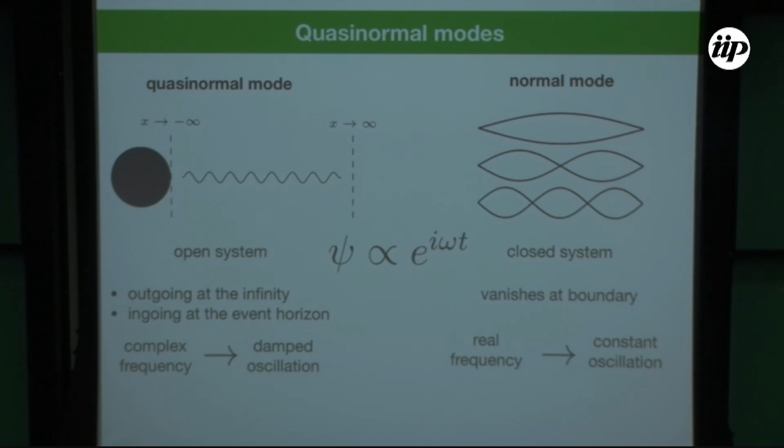And we're also going to say that no wave comes from infinity. So the wave we are seeing doesn't have any external wave coming from infinity. It's just the wave of the perturbed black hole. And when we set this boundary condition, we get that the frequency omega is a complex frequency. By this, we get that the oscillation is damped.